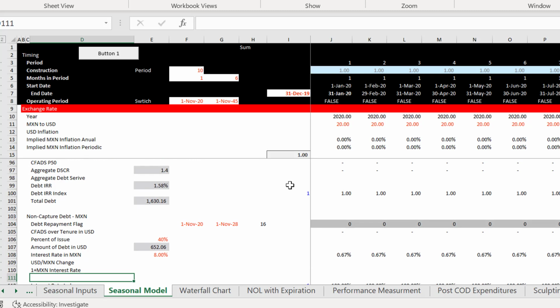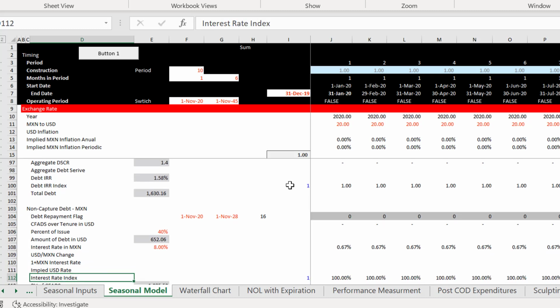Okay, and after we do that, we'll get the implied USD rate. This time it's a little bit different because I have a periodic rate. And again, I didn't use the 360 divided by 365. Okay, so let's go up here.